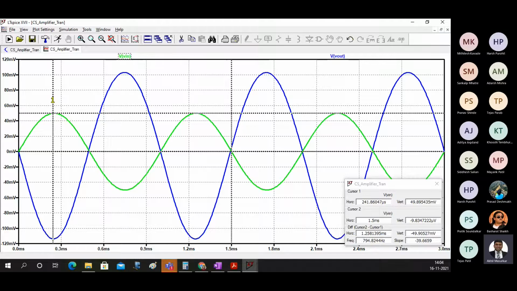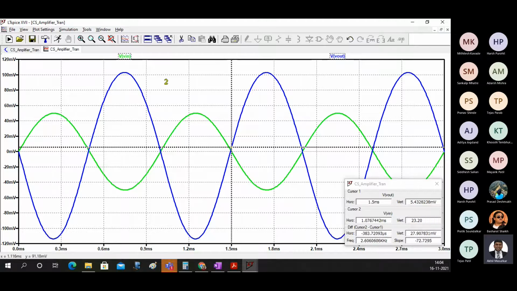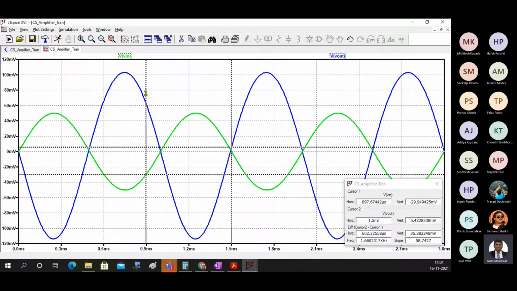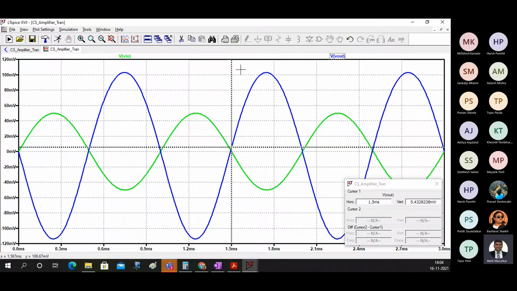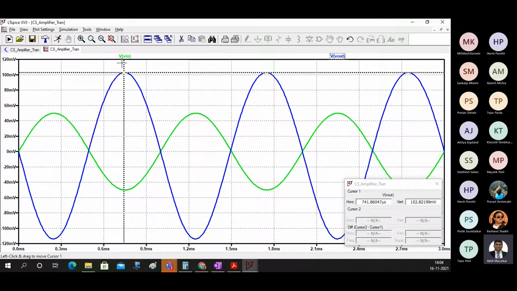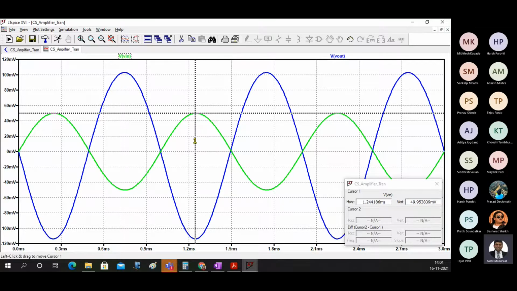This is my V in, which is 50, and the second cursor would get you V out at the top.